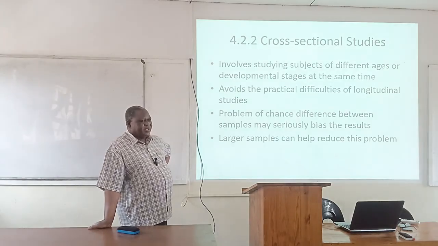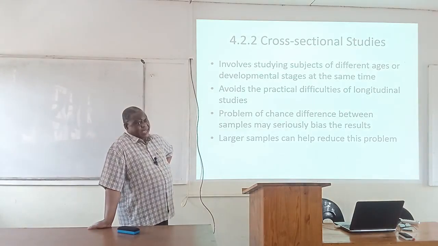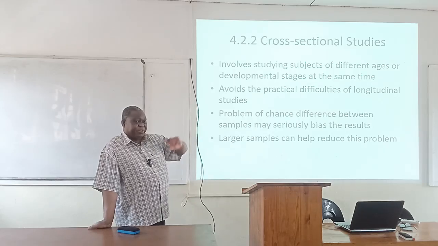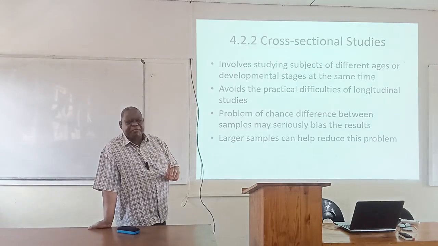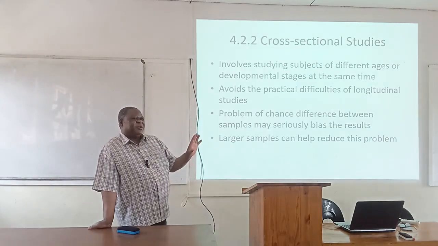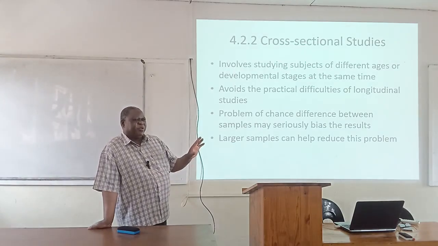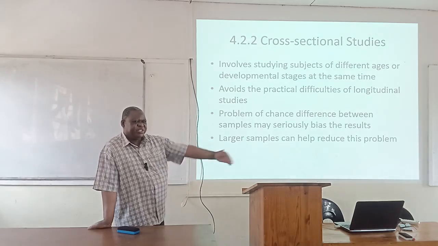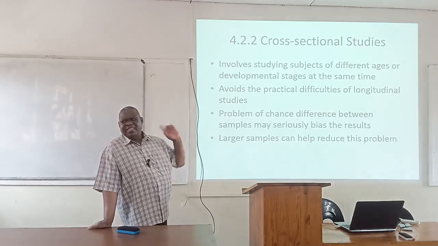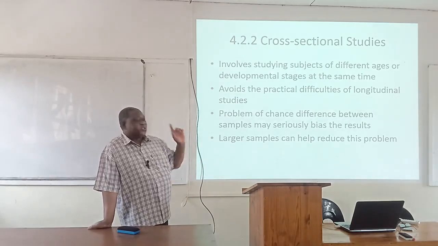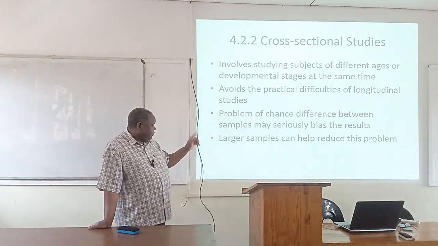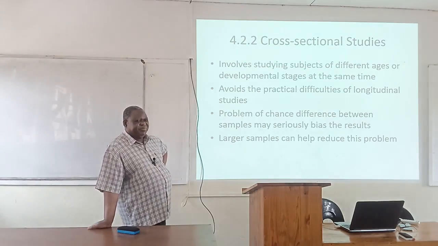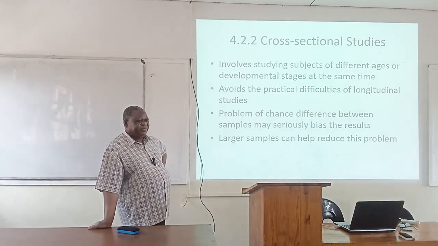Or the reverse, the grade 1s are higher achievers than the grade 4s. So you may see a difference between grade 4 performance and grade 1 performance, but the gap may not be that wide, simply because the grade 1s are more intelligent pupils than the grade 4s. So the problem of chance differences can seriously bias your results. Making sense?